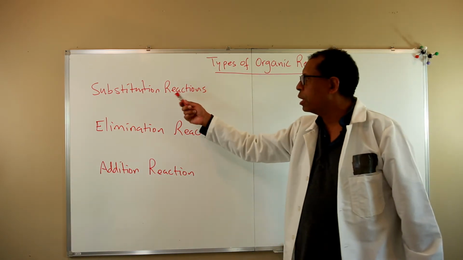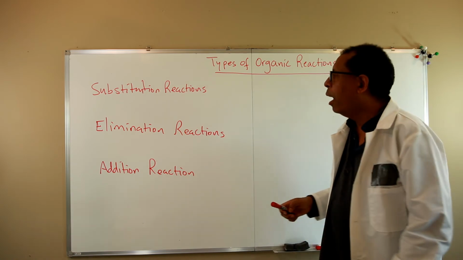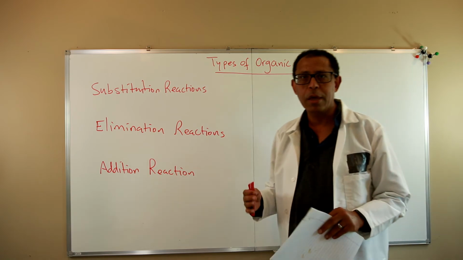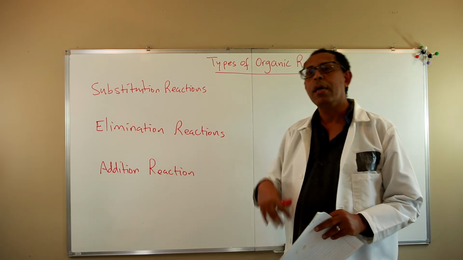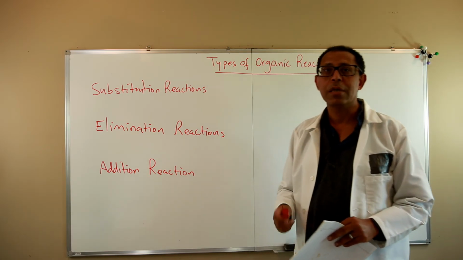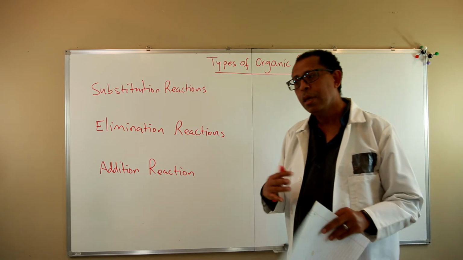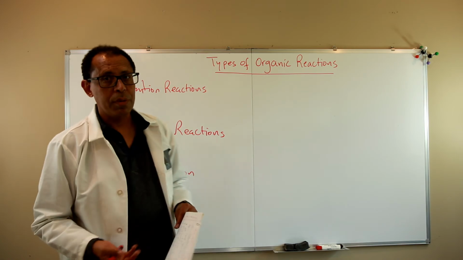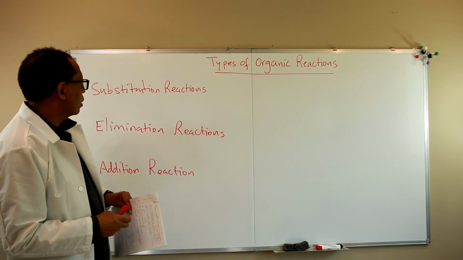It usually involves breaking a sigma bond and substituting it with another sigma bond, but the organic functional group is transformed from one form to the other.